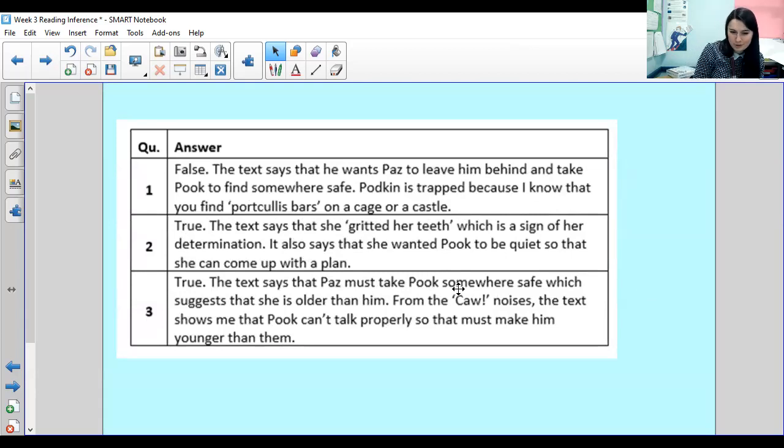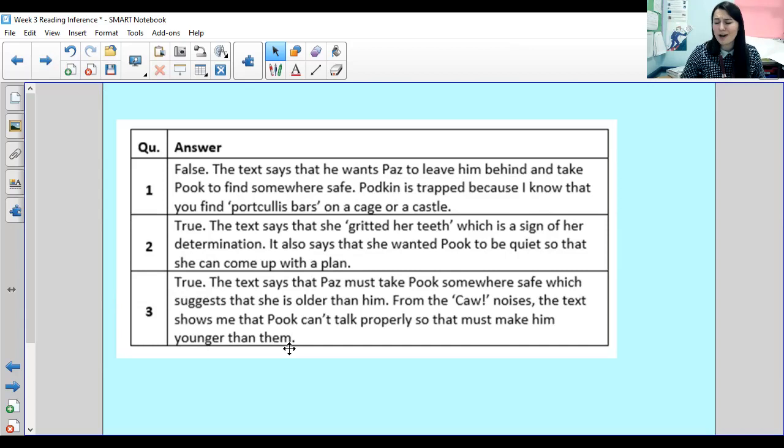And number 3 was also true. The text says that Paz must take Pook somewhere safe, which suggests she is older than him. From the crow noises, the text shows me that Pook can't talk properly, so that must make him younger than Paz. So hopefully you were able to follow that: false or true, your evidence, and then explaining.